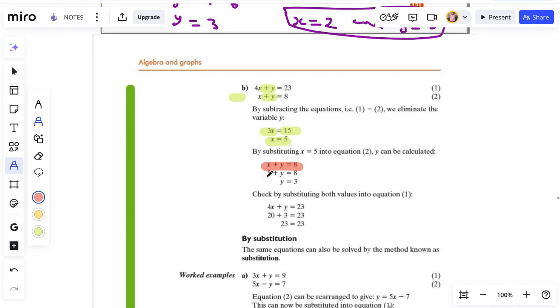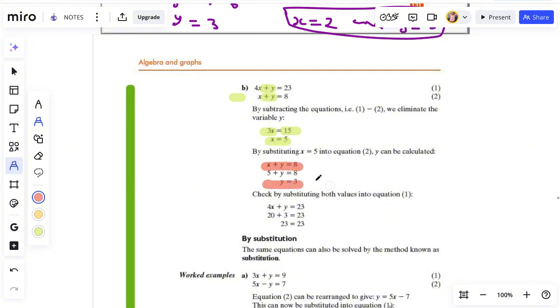Put 5 in place of x, you say 5 plus y equal to 8. Bring 5 to the right, so it becomes y equal to 8 minus 5. 8 minus 5 gives you 3. That's how we got y equal to 3.